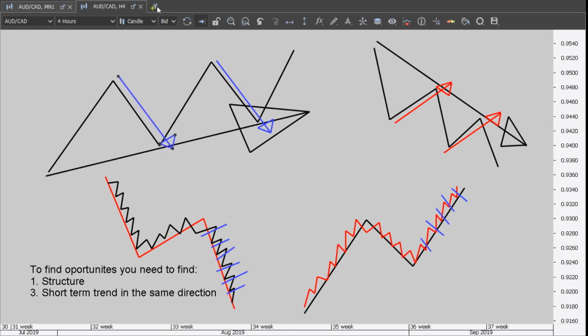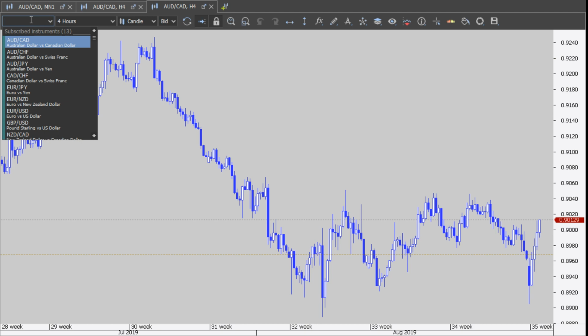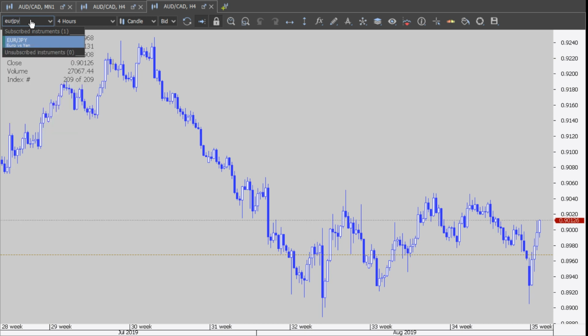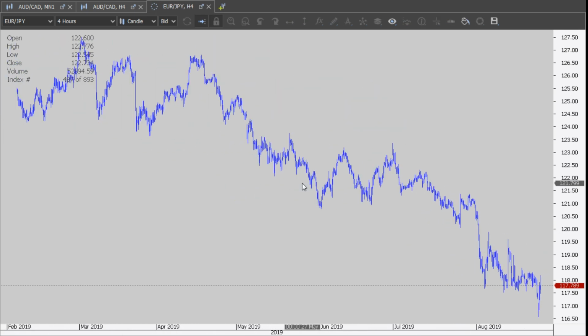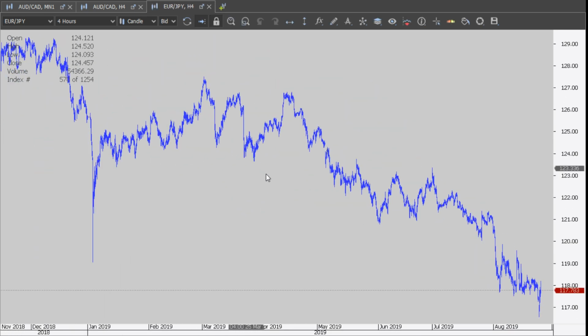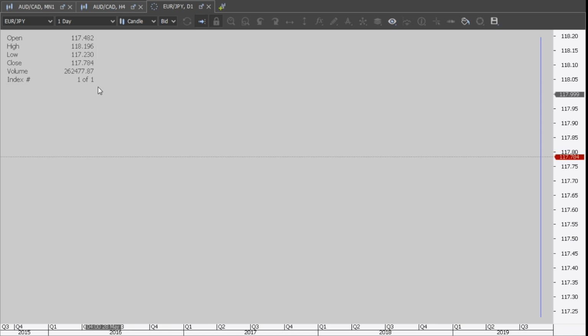So we're going to open the Euro JPY chart. Now let's go first on the daily chart.